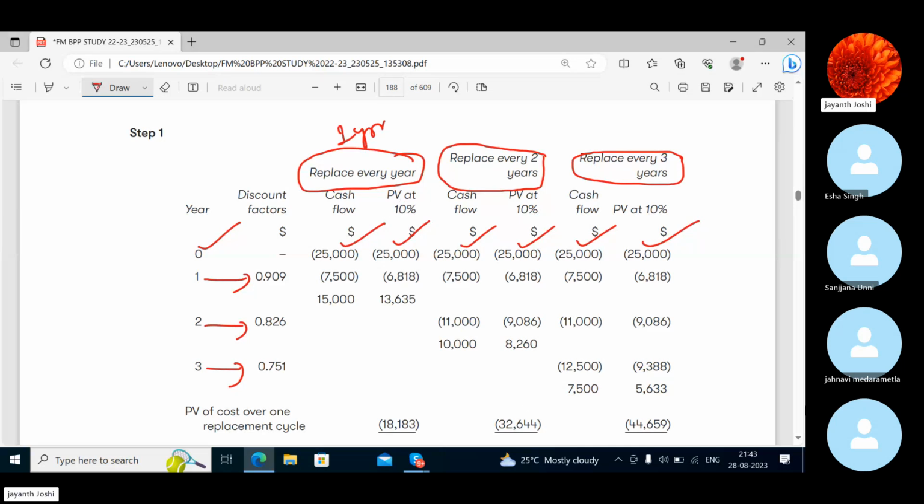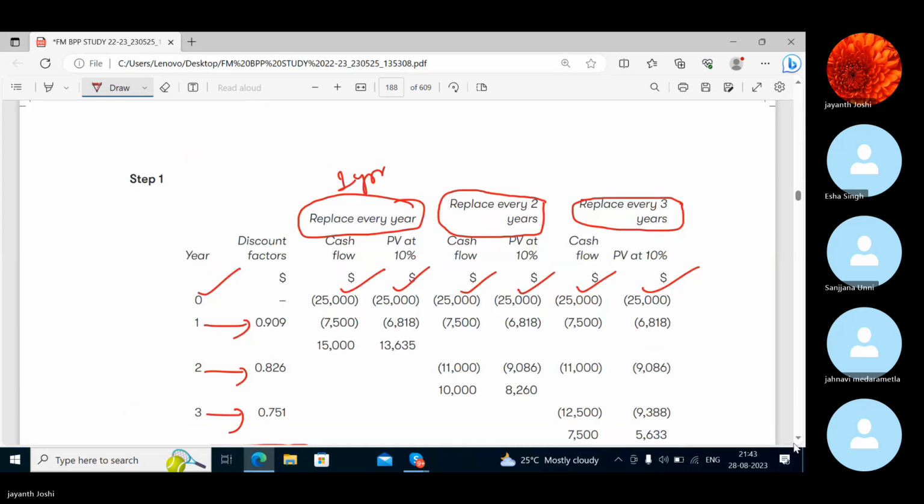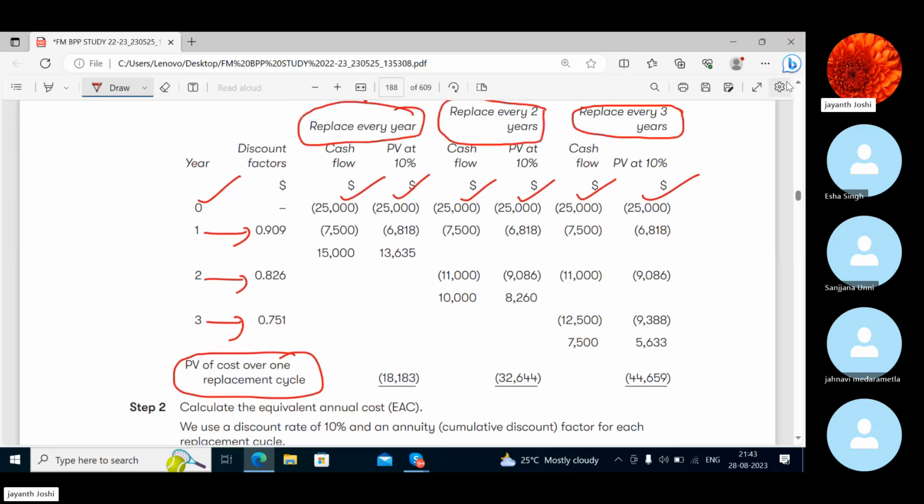Now what are we going to do here? We are going to find out the present value of cost over one replacement cycle. So first, what is the cash flow to us in year 1?